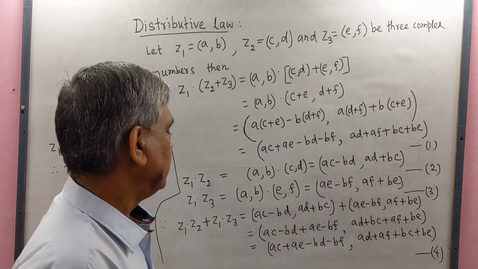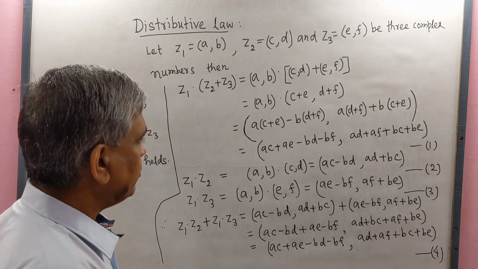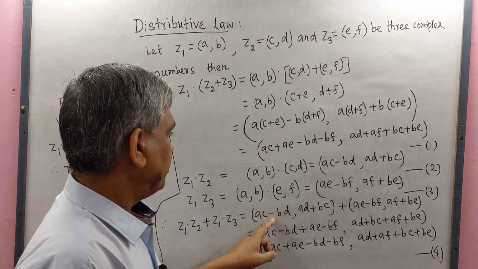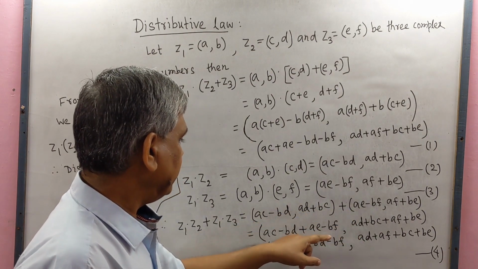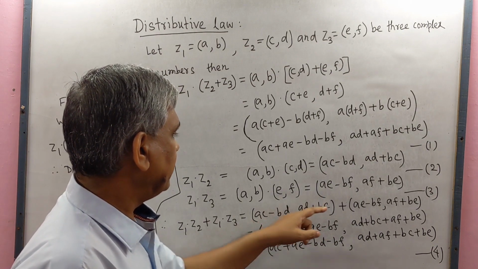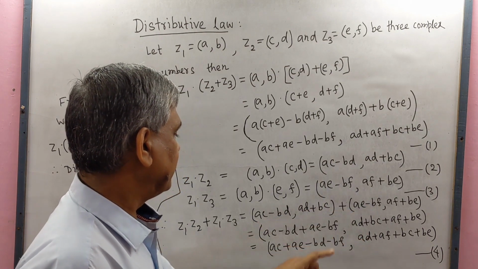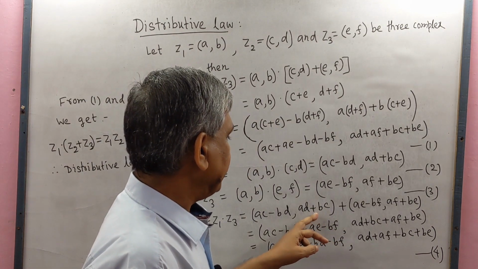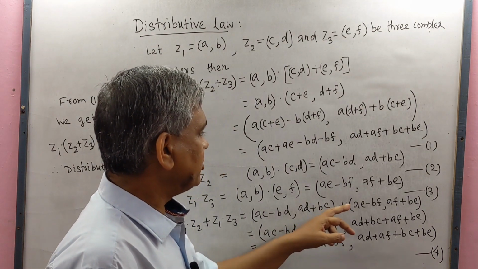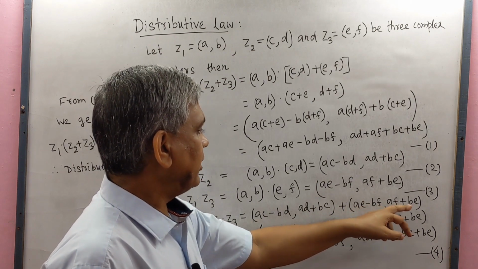We write here. Now addition of two ordered pairs: first add ac minus bd plus ae minus bf. Now comma, add second: ad plus bc plus af plus be.